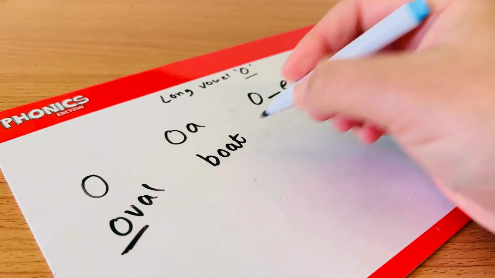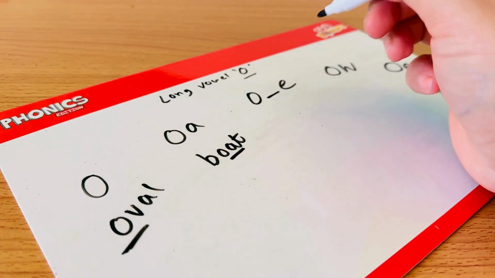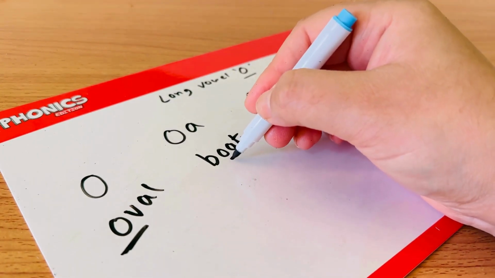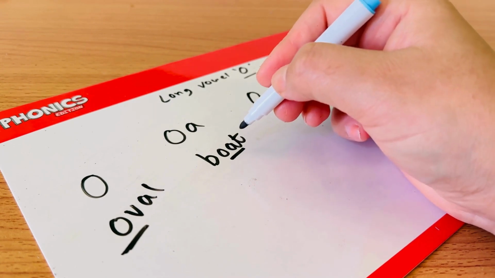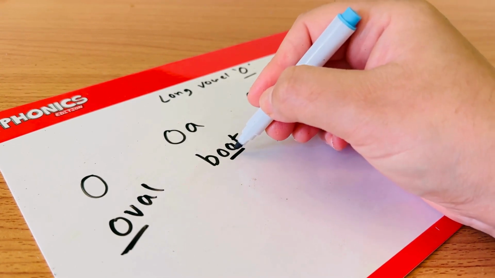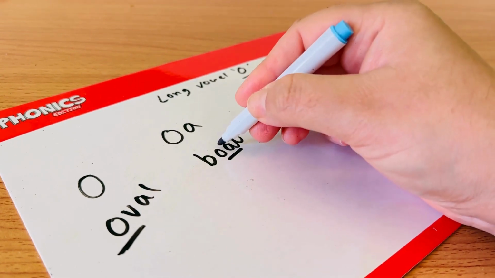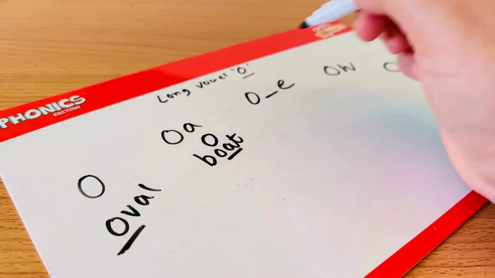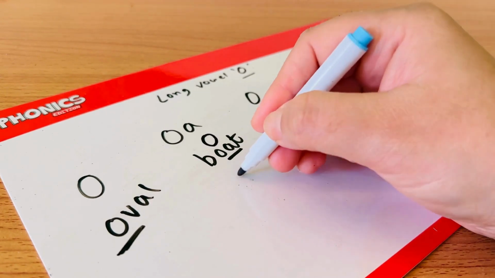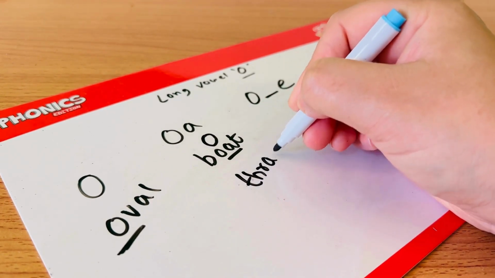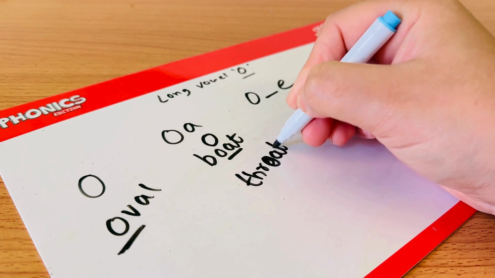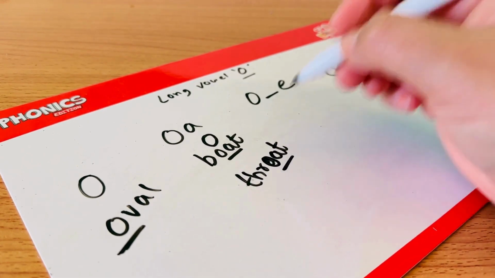Boat. O and A. But we are hearing only the sound of letter O, not the sound of letter A. Boat. Here A becomes silent. Throat.